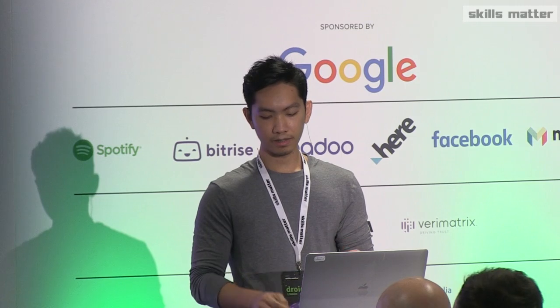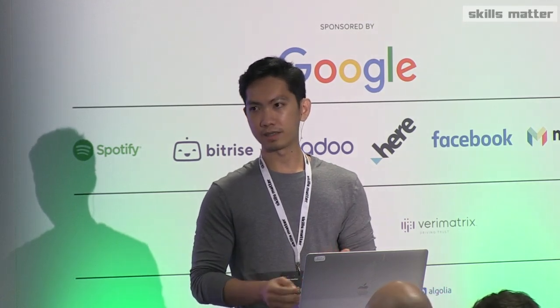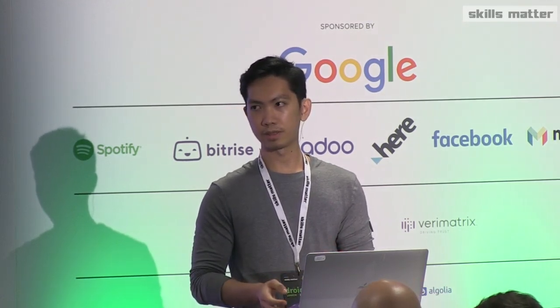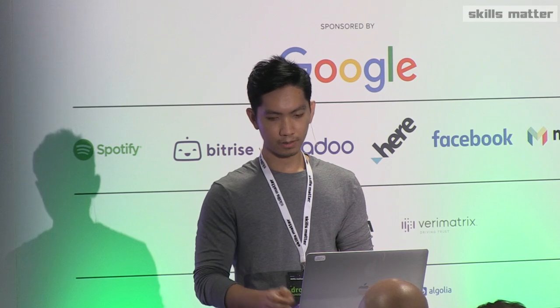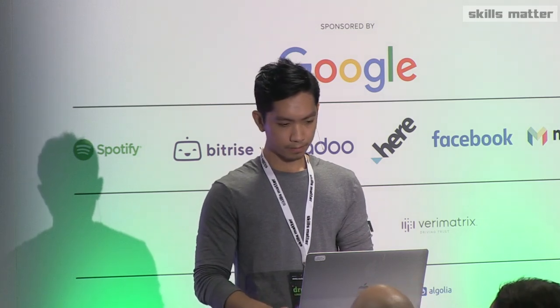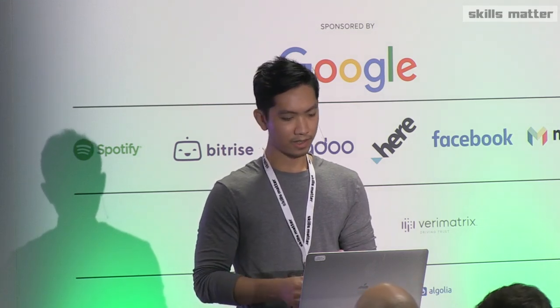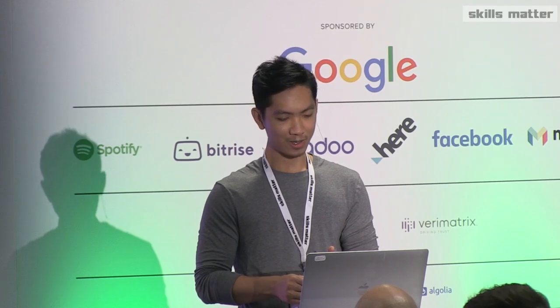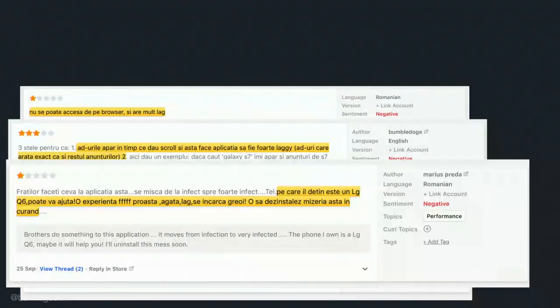And luckily, Google has released their new library called Jetpack Benchmark, which is what we're going to talk about today. Oh, yeah, there's another one, which I don't know if it was badly translated or literal. The person says it moves from infection to very infective. I don't know what that means, but that's just translation from Google.